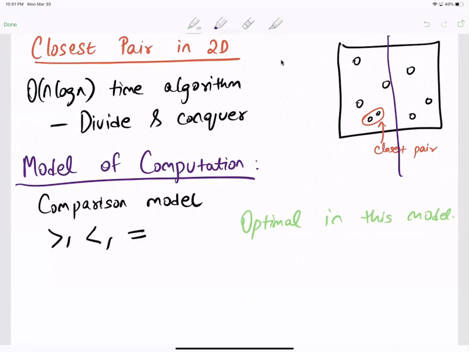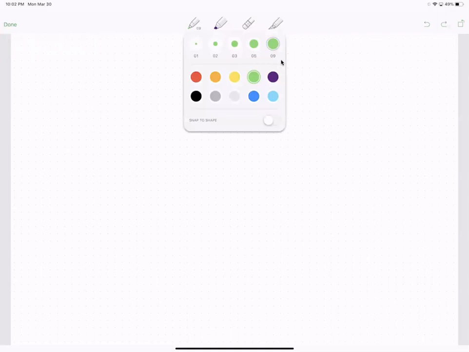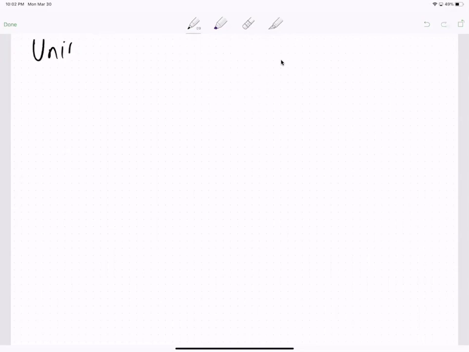Okay, so that's what I had to say about the previous work. This is what I wanted to say about this problem in the comparison model. So in today's lecture, what we want to do is look at a more powerful model of computation, which is known as the unit cost RAM model.